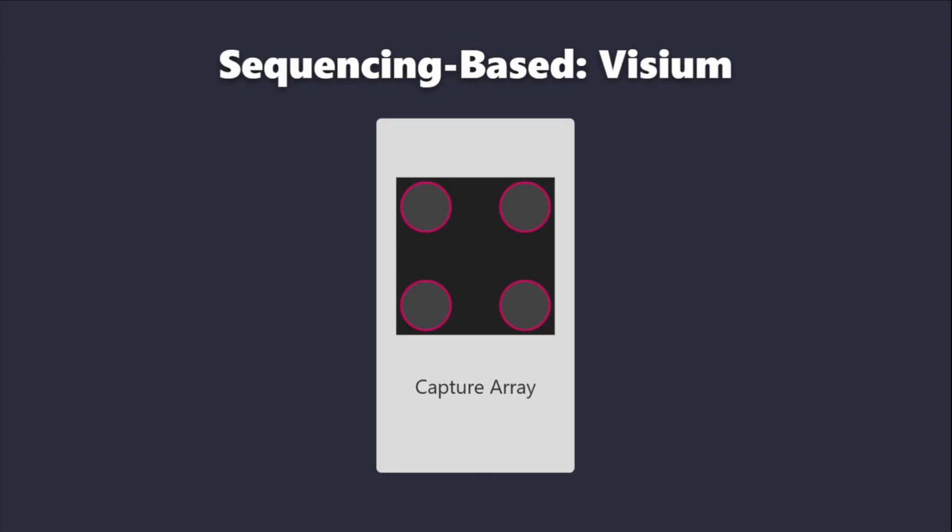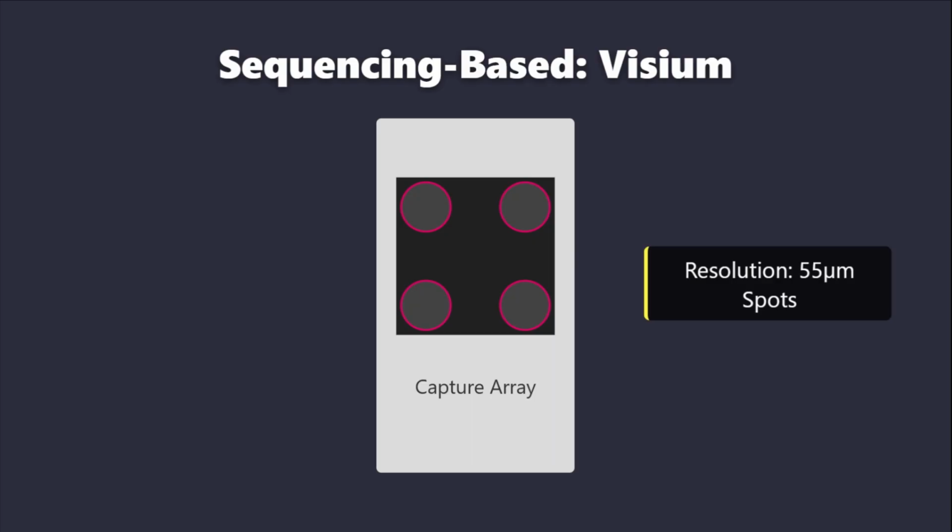Sequencing-based methods, exemplified by the 10x Genomics Visium platform, capture messenger RNA onto spatially barcoded arrays. These methods offer comprehensive whole transcriptome coverage but typically operate at lower resolution, often using capture spots 50 to 100 micrometers in diameter.